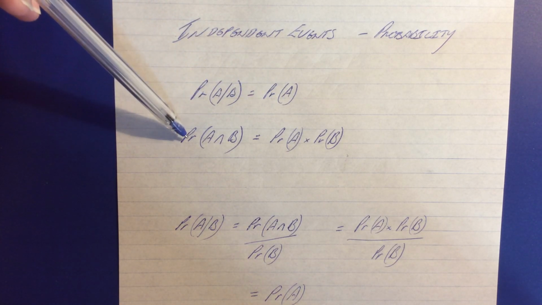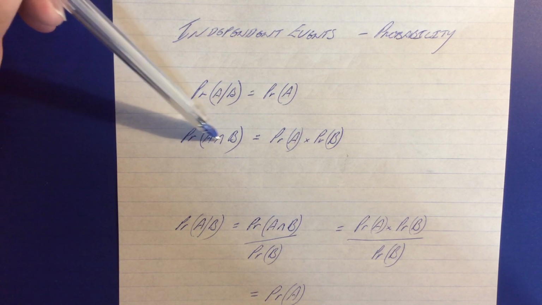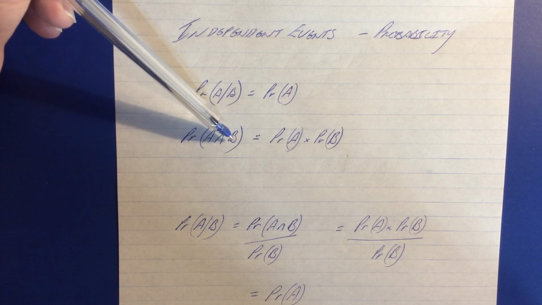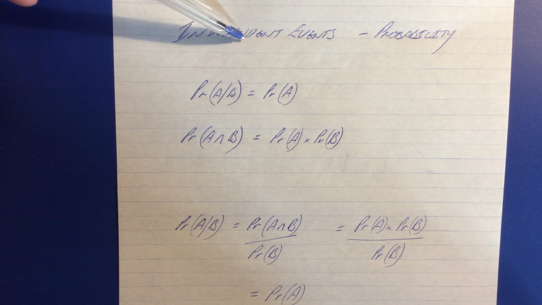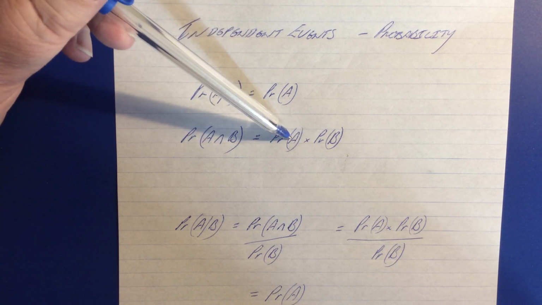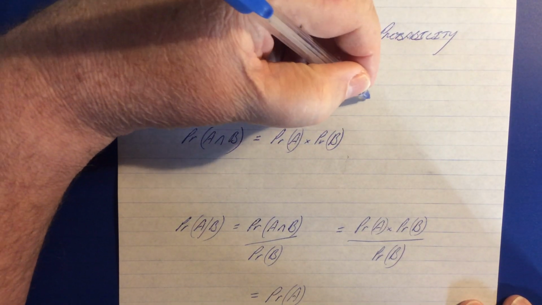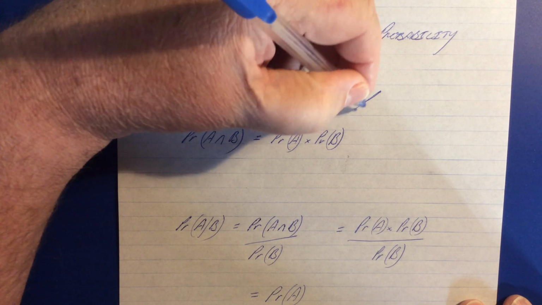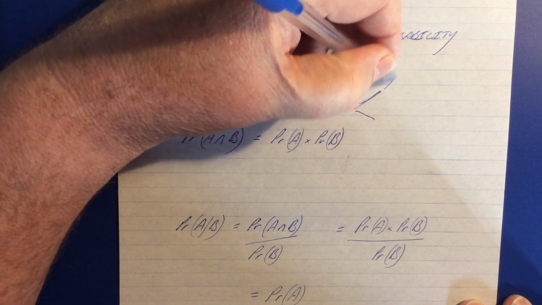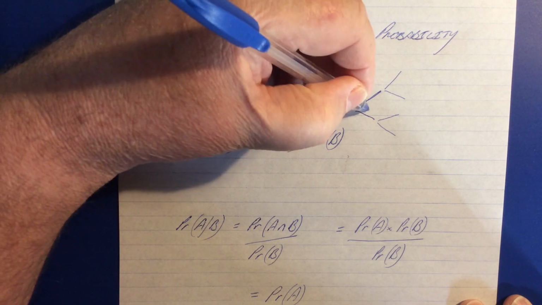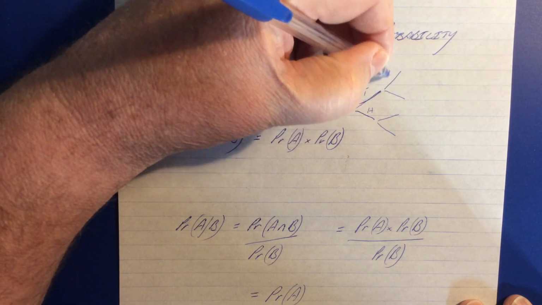Now, the probability of A intersection B, if A and B are independent events, simply is the probability of A times the probability of B, which can be illustrated quite quickly here with a little tree diagram for throwing a coin.